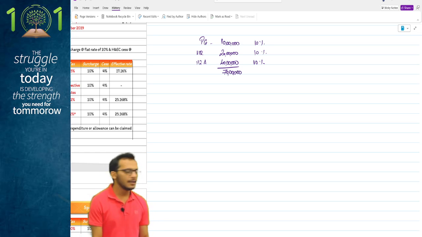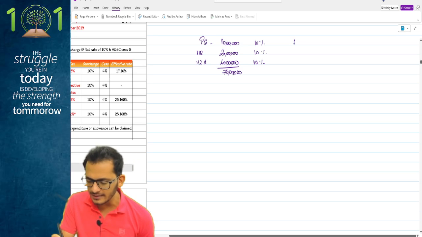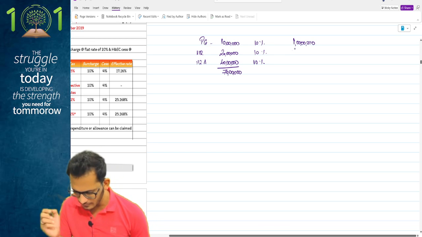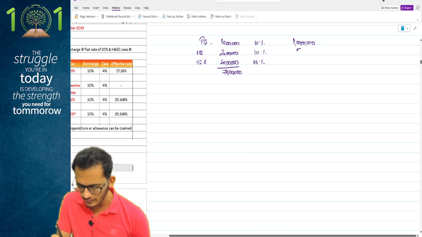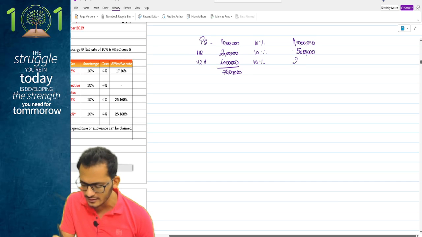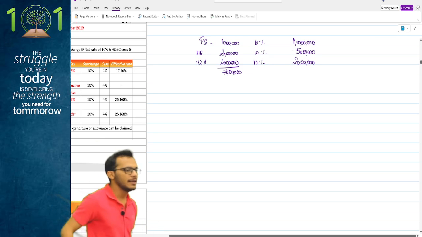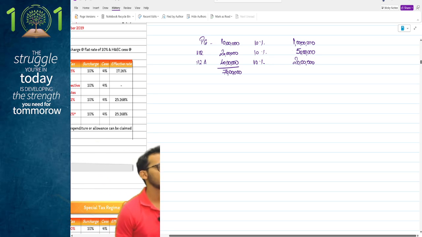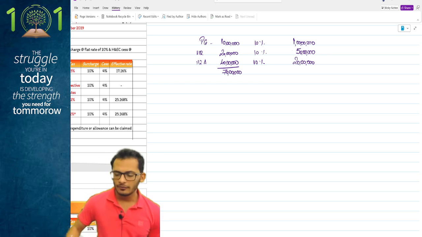Agreed. Now I'm coming and saying, Rahul, my PGBP income is 1 crore. My capital gains is 50 lakhs. And 112A is 20 lakhs. What is my surcharge rate? For PGBP, 15.